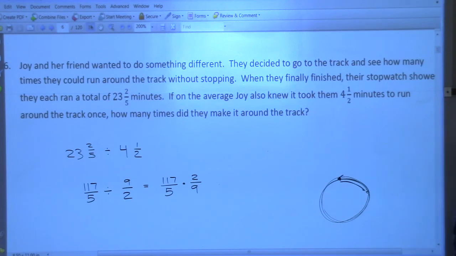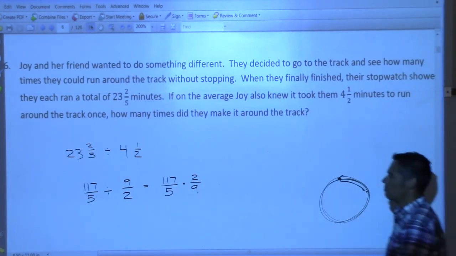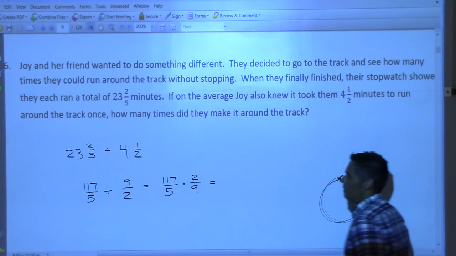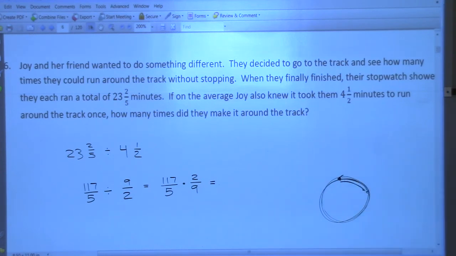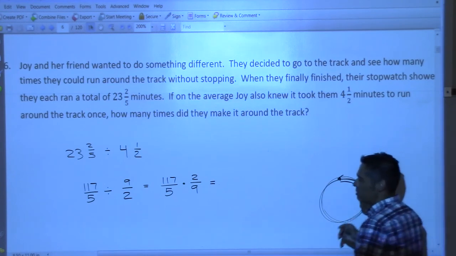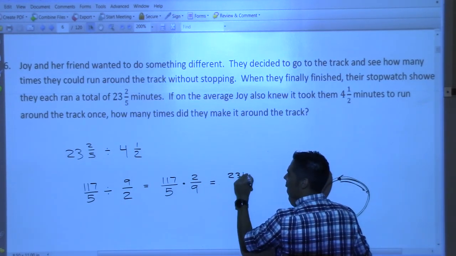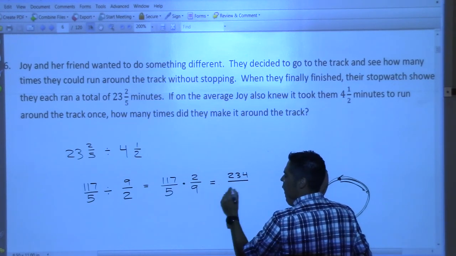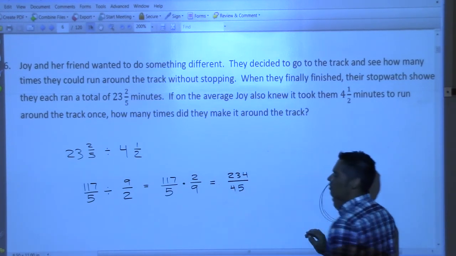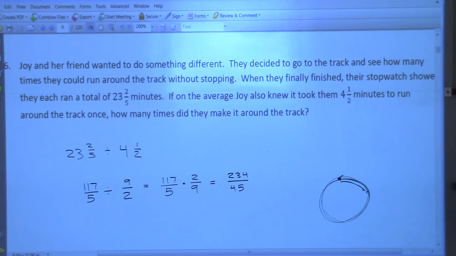Apparently, wherever you learned that, it stuck. Here or no? You, high school? Okay. It stuck. All right, so multiply 2 times this. 234 over 45. And then you try and work that out back into a mixed number. 5 1/5?